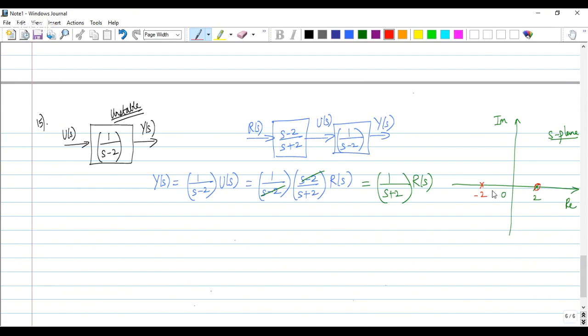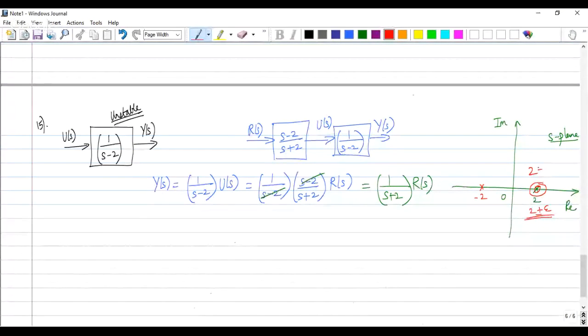Why? Due to multiple reasons. Please note that even the entire process of this transfer function based design is an approximation. We know that we have a pole at plus 2, but it can be at 2 plus or minus epsilon, in a range around 2. Similarly, the zero is also around 2, but it can be at 2 plus or minus delta.